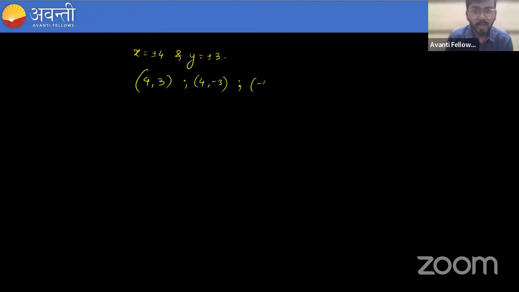Now you got x equals to plus minus 4 and y equals to plus minus 3. So from this the vertices that can be put together are 4 comma 3, 4 comma minus 3, minus 4 comma 3 and minus 4 comma minus 3.